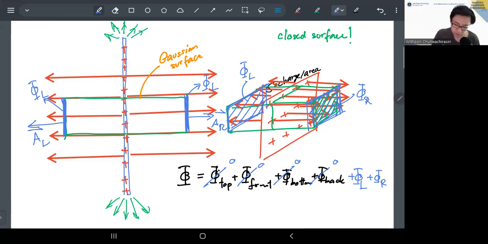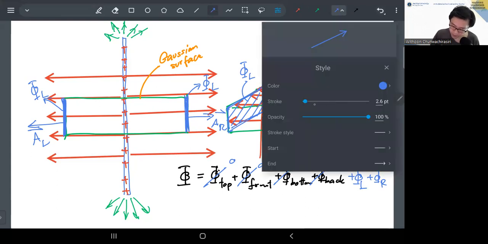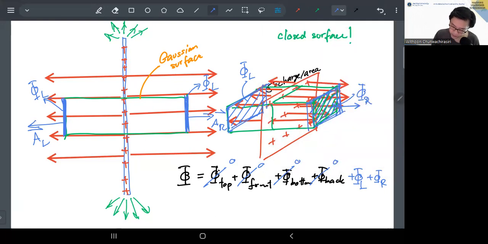All right, so I can overlay this on top just to make it clear here. That's the A vector. Let me put a big one here to showcase that. That's my A vector on the right and A vector on the left. But the electric field vector also points out over here, and out over there.